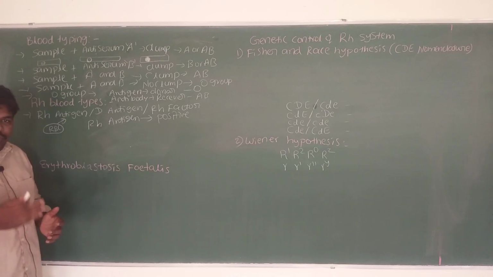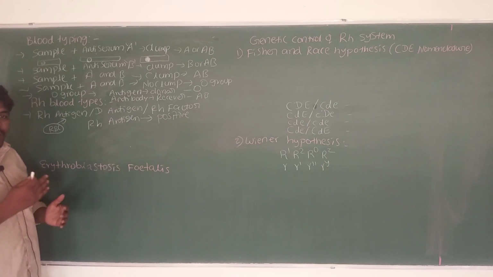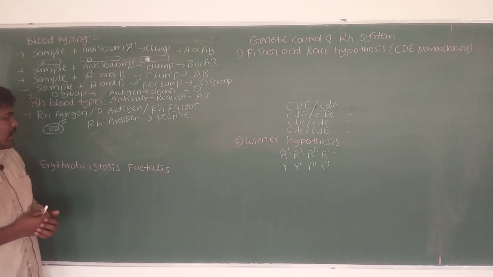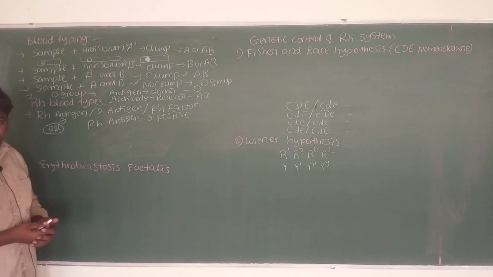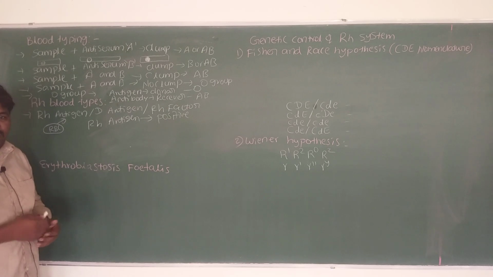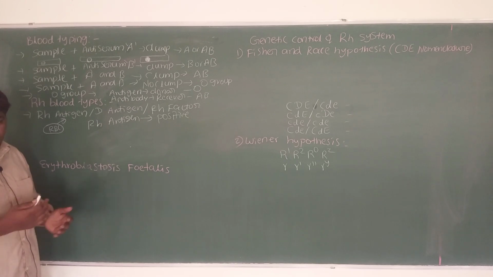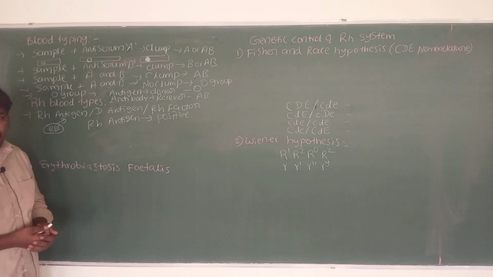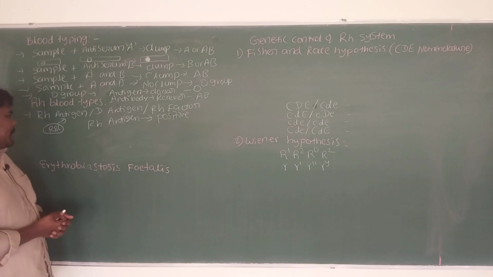If an O blood group person contains the Rh antigen on their RBC, they are called O positive. If an AB blood group person contains the Rh antigen, they are called AB positive. Those who do not contain the Rh antigen on their RBC surface are called negative blood group people.